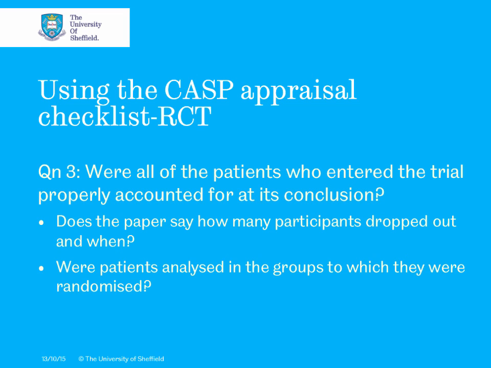When looking in a paper, we like to see what's called a CONSORT flow chart, which describes exactly who was recruited, how many people were recruited, how many participants dropped out, when they dropped out, and ideally why they dropped out.